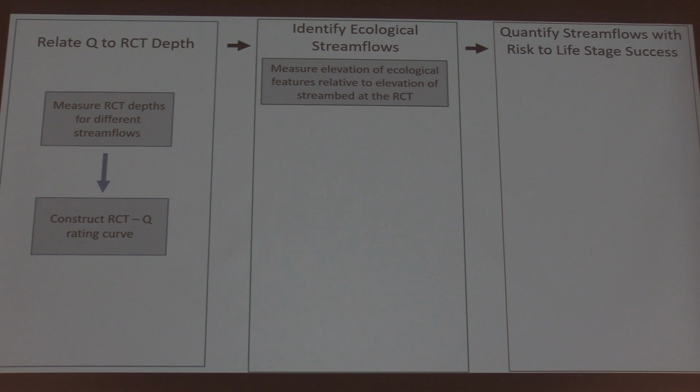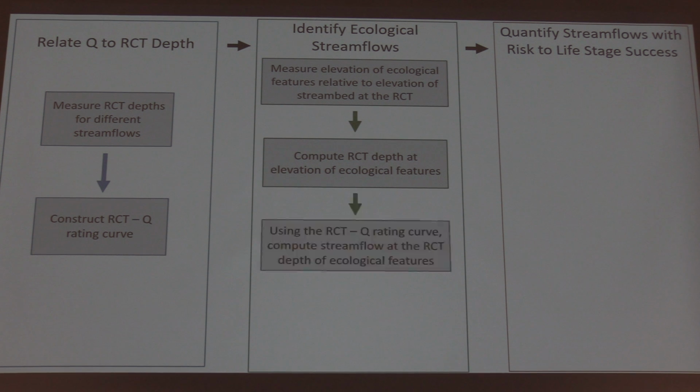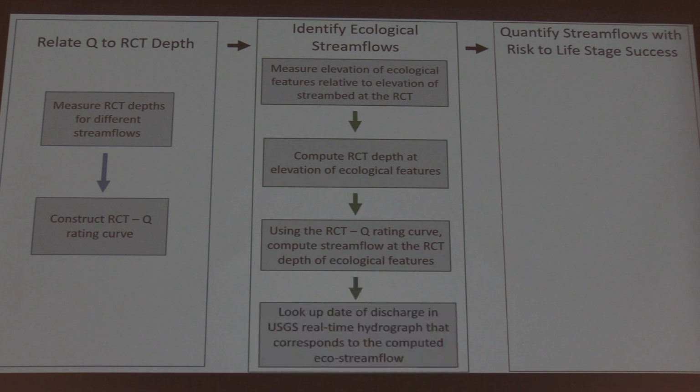The ecological features that I'll be presenting to you are lamprey redds that were previously constructed this year. So with the difference in those elevations, you can compute the RCT depth at those ecological features. And then using your rating curve, you can compute the streamflow that corresponds to those depths.